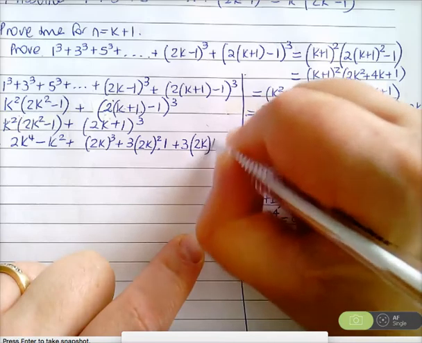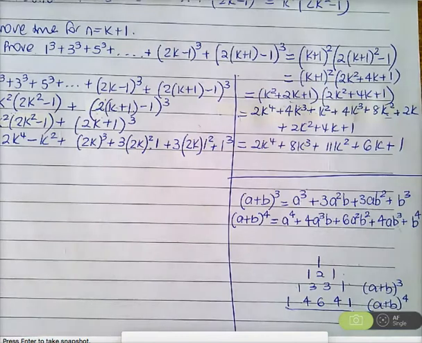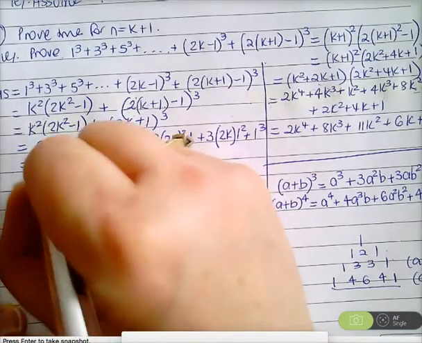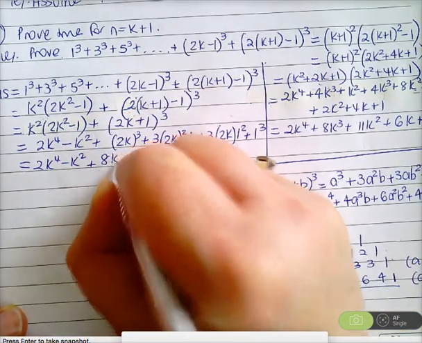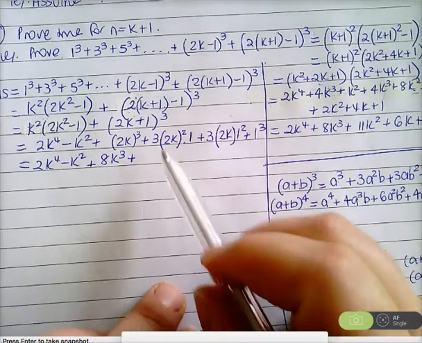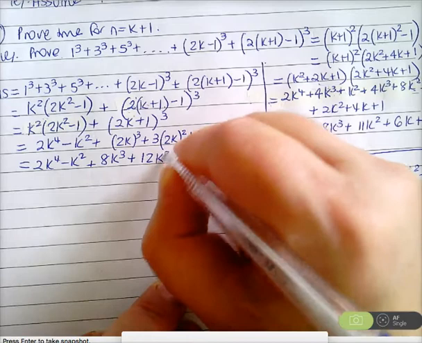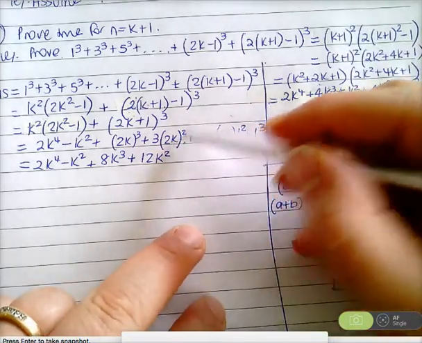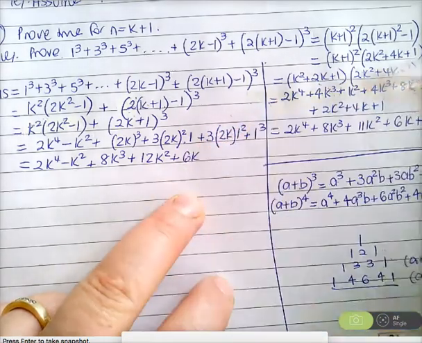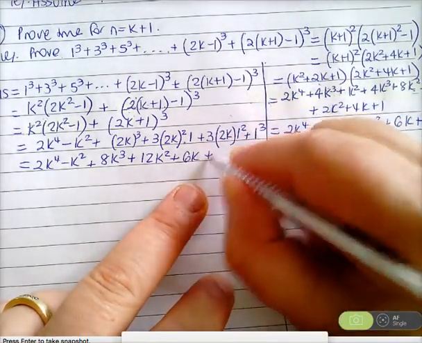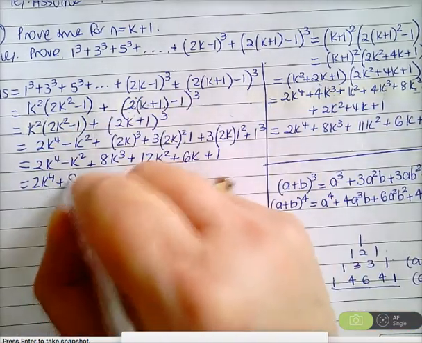Just 2k, 1 squared, plus 1 cubed, which is 2k to the 4 minus k squared, plus 8k cubed, plus, now this is 3 times 4k squared, which is 12k squared. You square the 2k first, plus, this is just 6k, plus 1, which is 2k to the power of 4 plus 8k cubed.